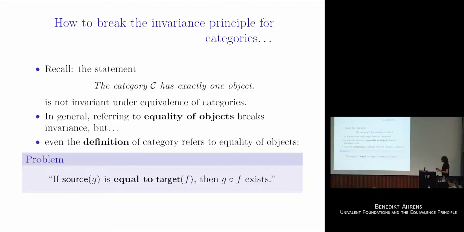When we say what composition in a category is, we say that two arrows, g and f, in order to compose them, need to be compatible in the sense that the source of g must be equal to the target of f. And only when this hypothesis is satisfied, then the composite g after f exists. So the definition of a category refers to equality of objects, at least this definition does.